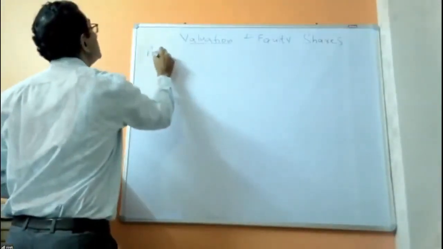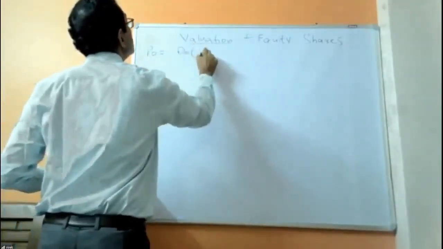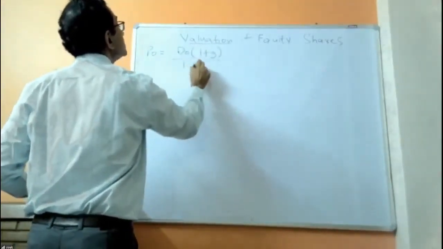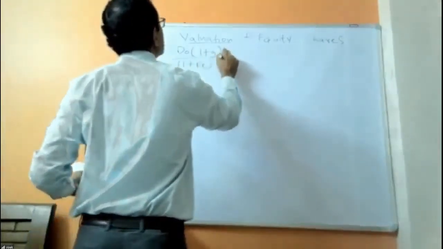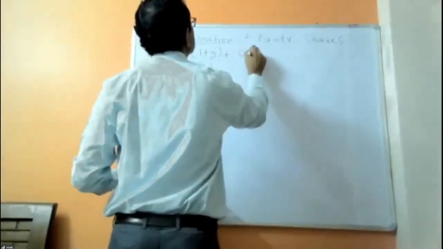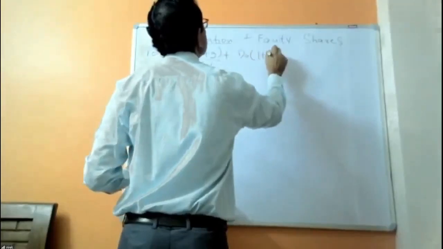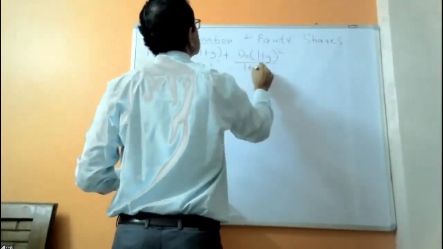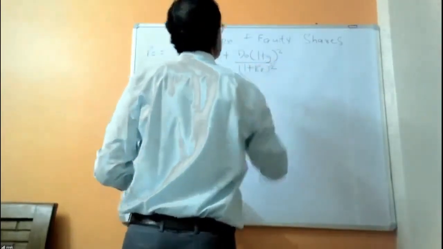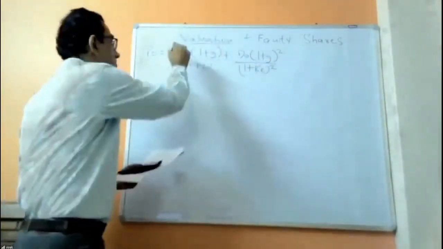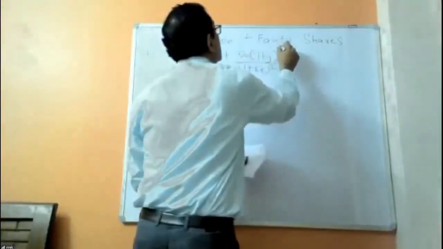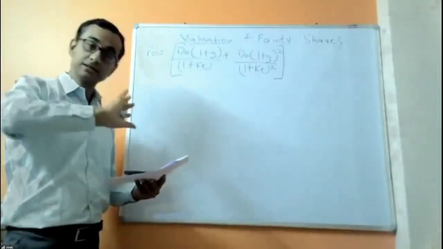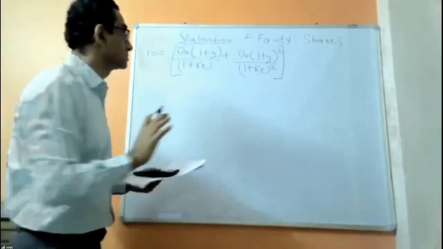This is P0 = D0(1+G)/(1+K) + D0(1+G)²/(1+K)². This is for the first 2 years, because for the first 2 years the growth rate is 20%. Then the growth rate changes from 20% to 10%.